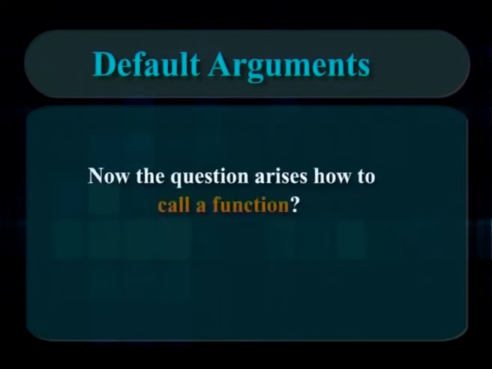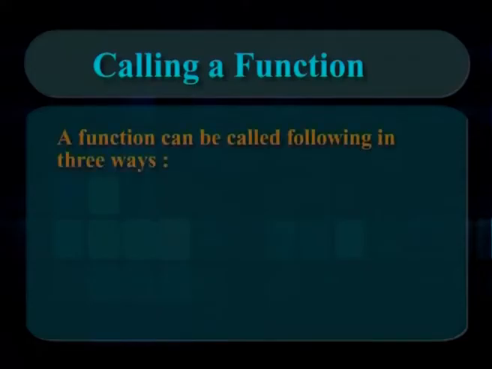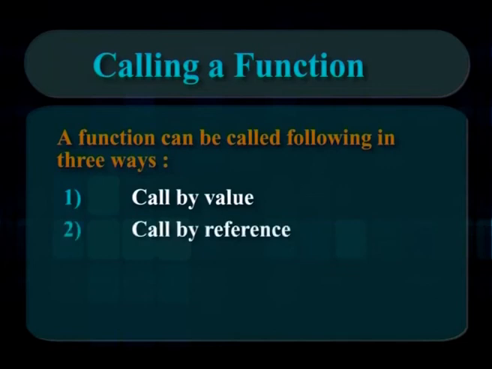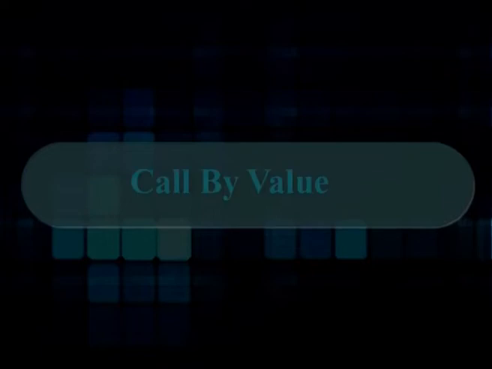Now the question arises, how to call a function? Depending on the type of arguments passed, a function can be called in the following three ways: call by value, call by reference, and call by constant reference. Call by value. In call by value, a copy of the variable is made and passed to the function as argument.